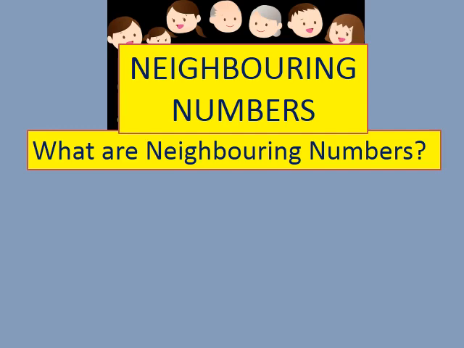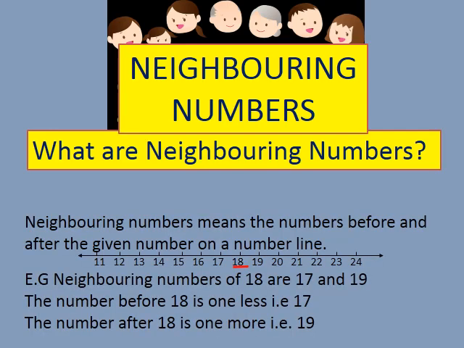We have a number line wherein we have all the numbers written one after the other. Here we will try to find out the neighboring numbers of number 18. So children, you can see on the number line the numbers near 18, that is the number before 18 is 17 and the number after 18 is 19.